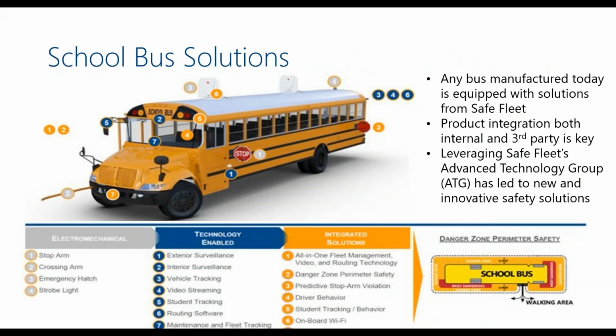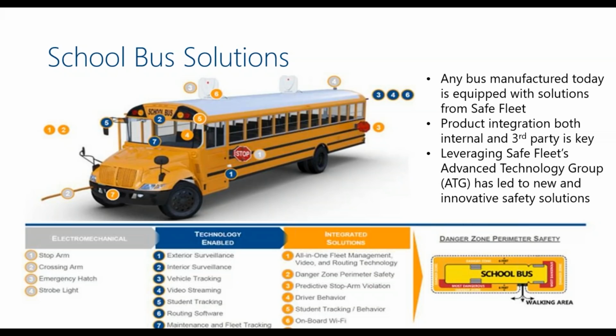The school bus today, any bus manufacturer today is equipped with solutions from SafeFleet. I don't think people realize how many pieces of a school bus that SafeFleet is actually involved in. And we are continuing to strive and work towards, as you see in the bottom right of the screen there, that danger zone that has been around forever on a school bus.